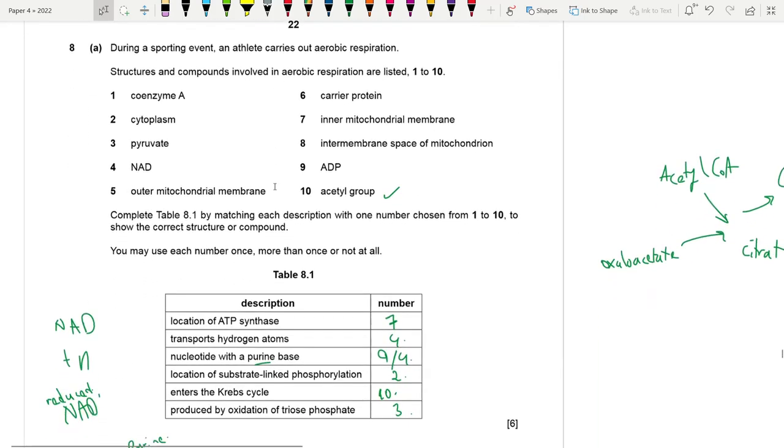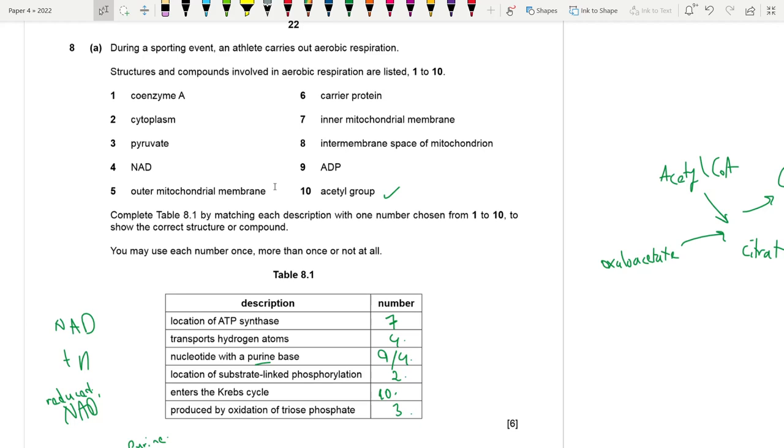Now, during a sporting event, an athlete carries out aerobic respiration. Structures and compounds involved in aerobic respiration are listed from 1 to 10. So these are 10 compounds. Complete table 8.1 by matching each description with one number chosen from 1 to 10 to show the correct structure or compound.